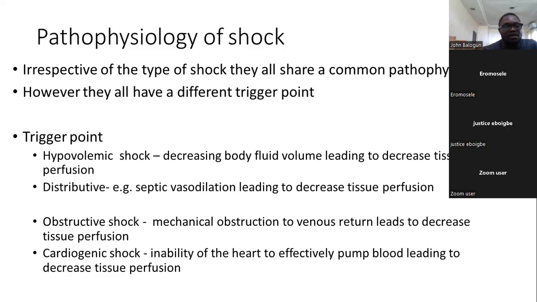Juxtaglomerular cells are a group of specialized cells found in the kidney, and the kidney has nephrons, right? So the nephron has different parts. When we get to that kidney section, we'll talk about it properly. But they are found around the nephron region.